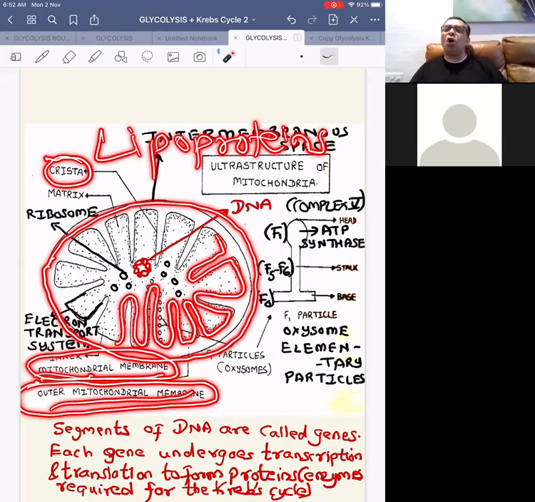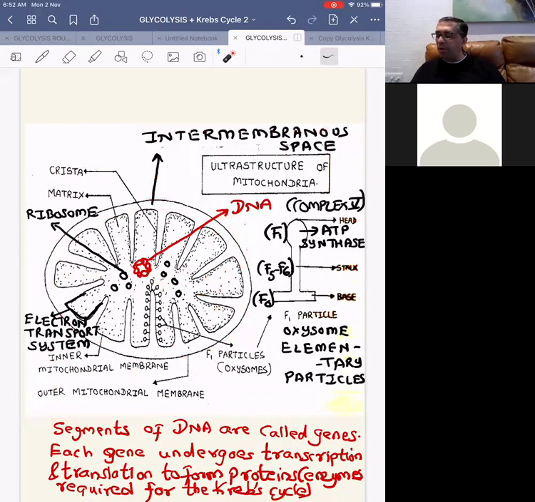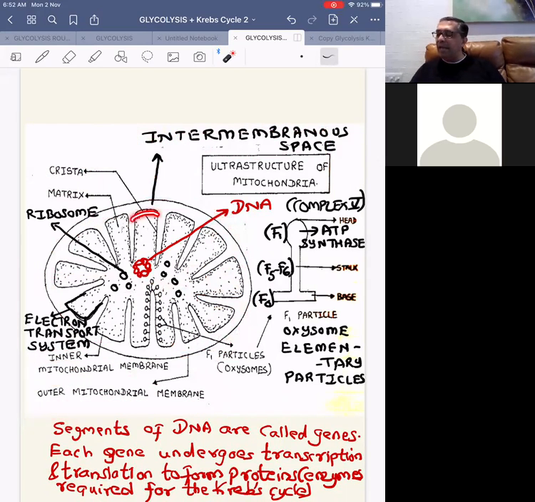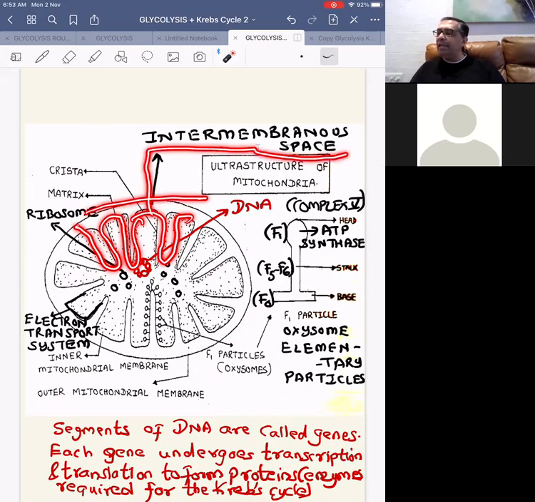Like Vishal sir taught you, the fluid mosaic model, all membranes are made up of lipoproteins. And in between the two membranes is found a space which is called the intermembranous space.